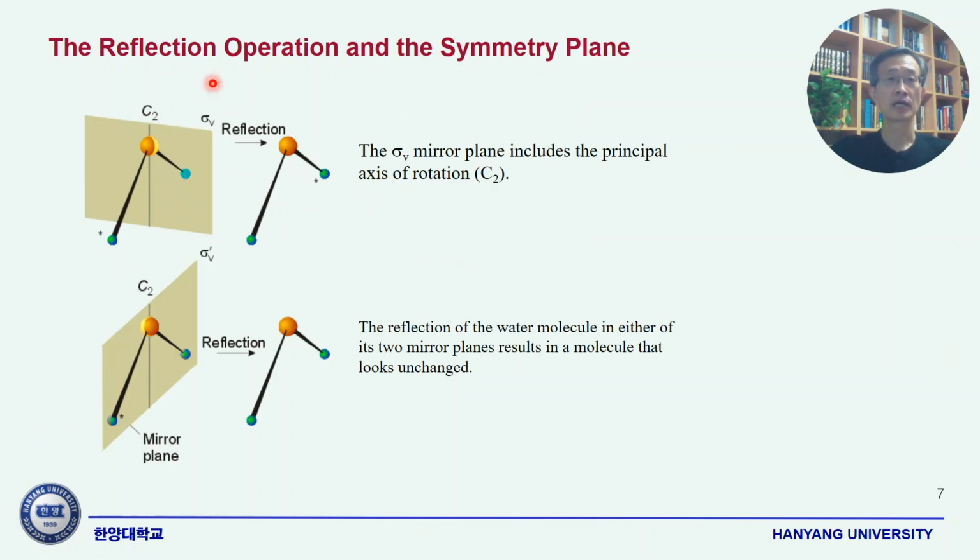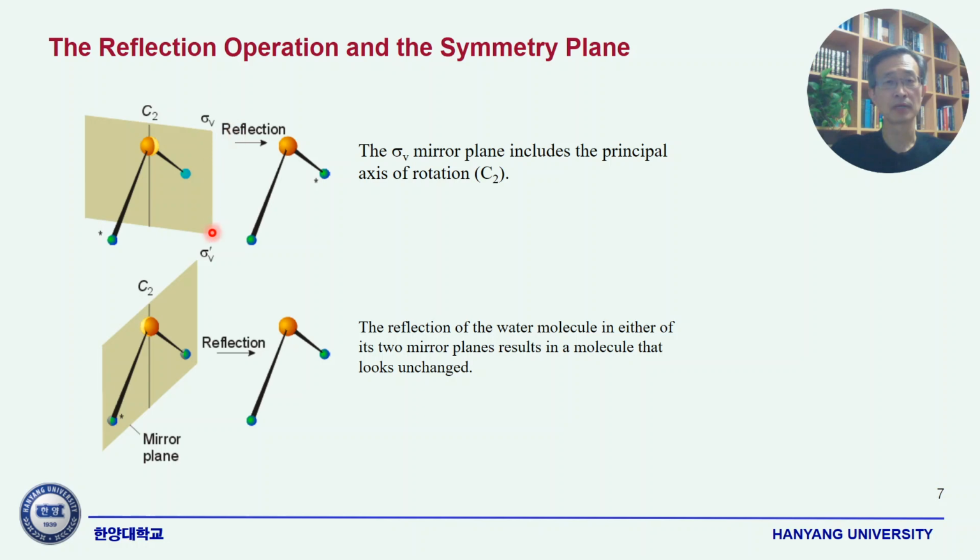Now we are looking at the reflection operation or symmetry plane. So we go back to the water molecule. For example, it has a C2 axis, so if it operates by C2, it goes this way. Let's follow the dot for a while. Bisecting the HOH angle there is the C2 axis, and then there is a plane also bisecting this angle.